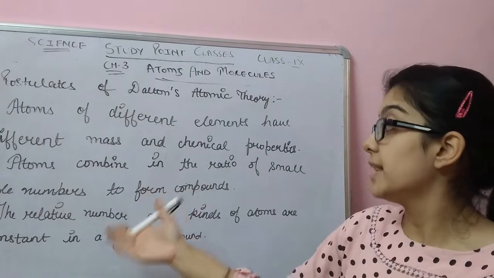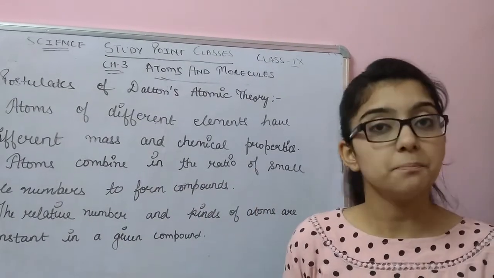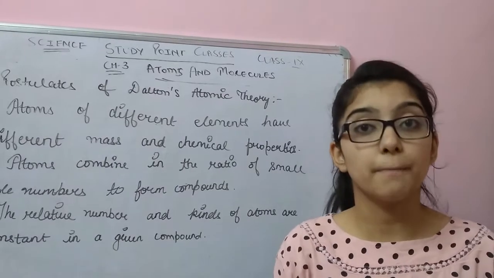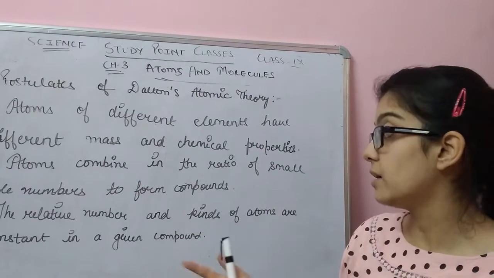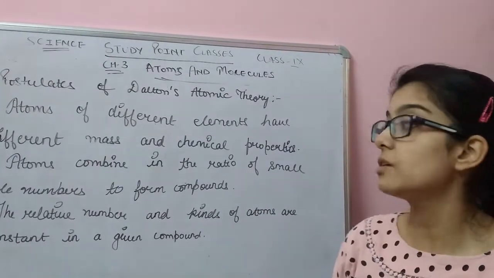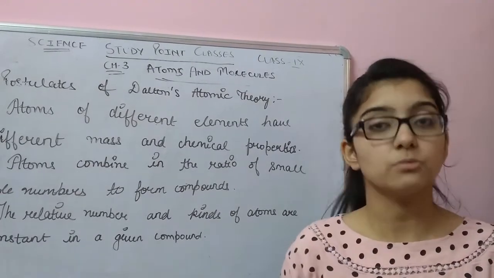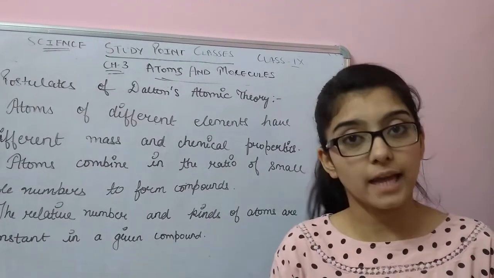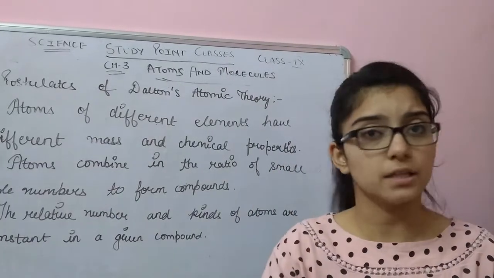The next we have the relative number and kinds of atom are constant in the compound. एक compound में जब भी elements combine करते हैं, तो उनका number और उनका atom, जिस भी तरीके के atom हम use कर रहे हैं, वो हमेशा constant रहते हैं. That is, अगर एक compound को form करने के लिए we have used 9 atoms of one element and 4 atoms of other elements.